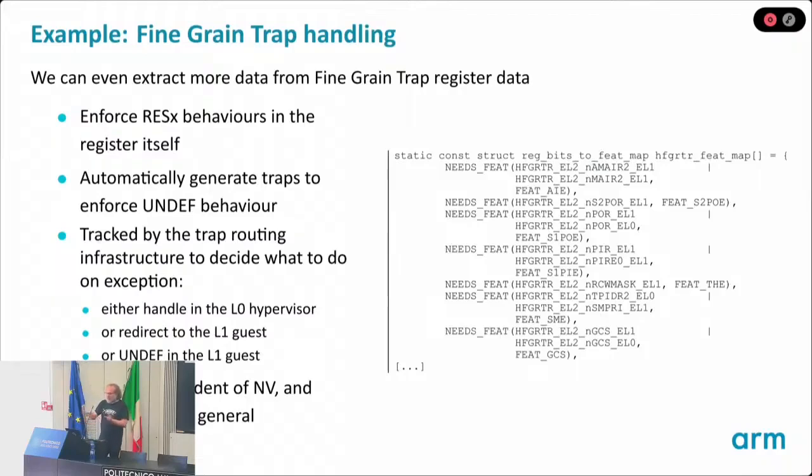And that happens independently of nested virt. Now, it's an infrastructure that we have for KVM in general, or KVM arm. And that removes a lot of complexity when you have to write these things. You just dump the data and you let the generic code make use of it.